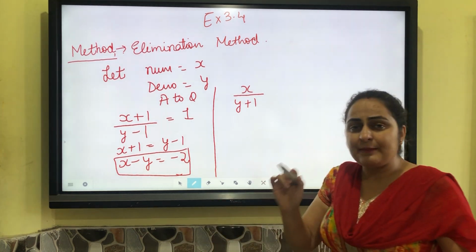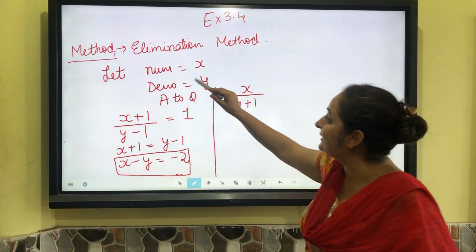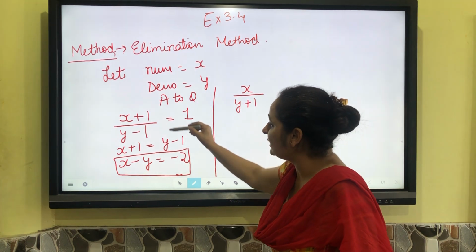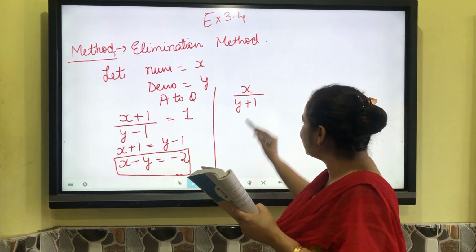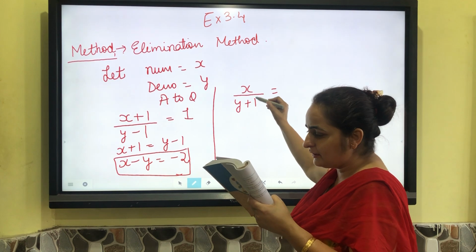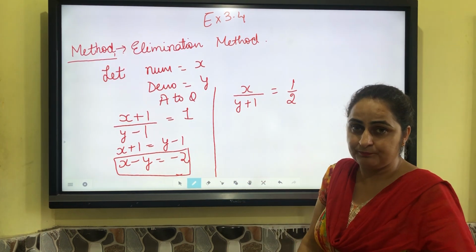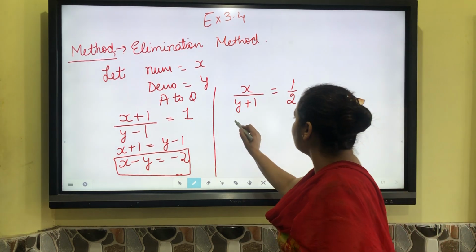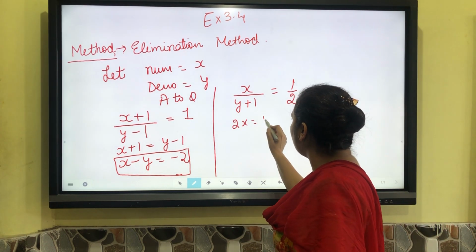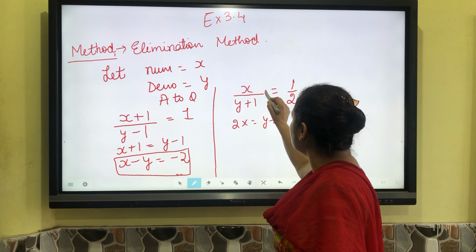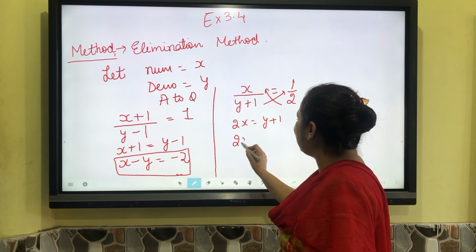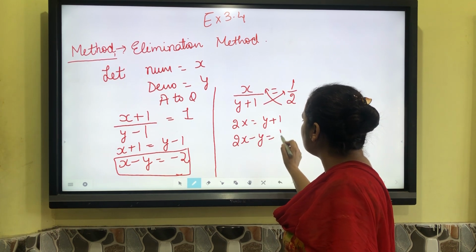We apply the condition only in the supposed fraction. The fraction reduces to 1 upon 2. Now, solving by cross multiplication, 2x is equal to y plus 1, so 2x minus y is equal to 1.